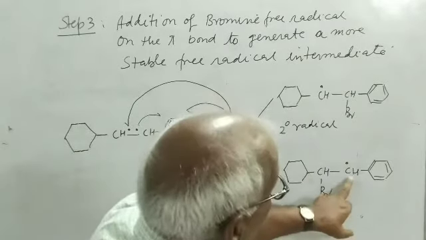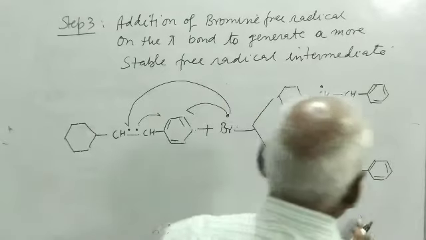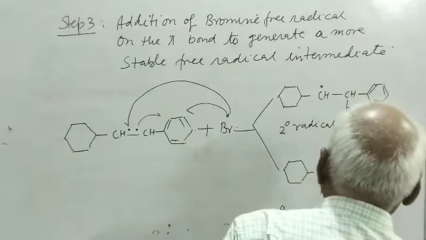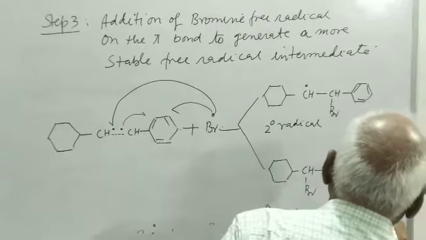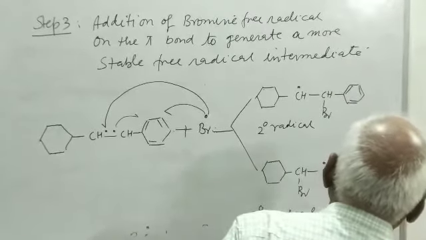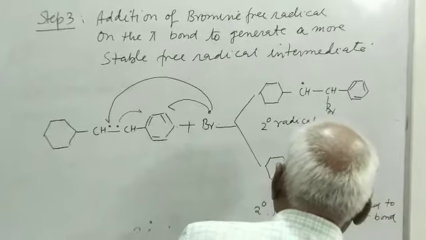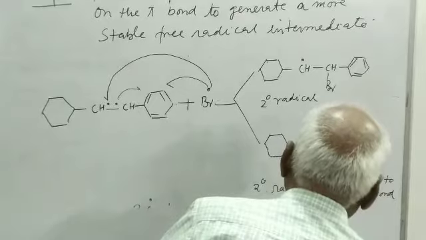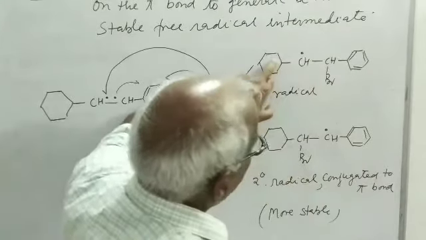This radical is conjugated to the pi bond, so it is more stable, and this is not conjugated with the pi bond.